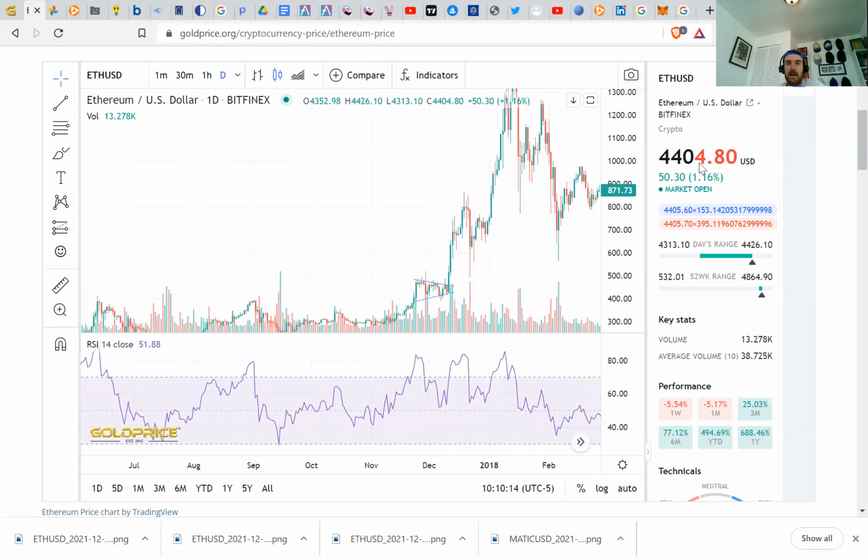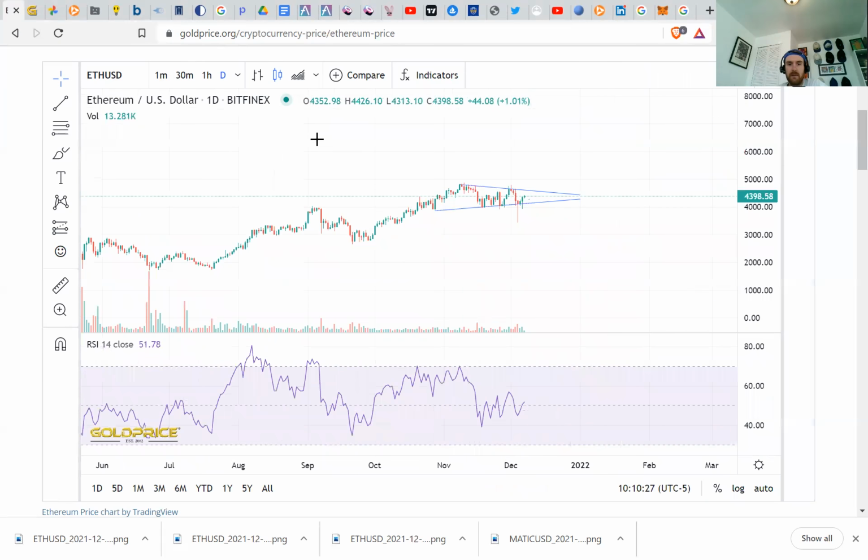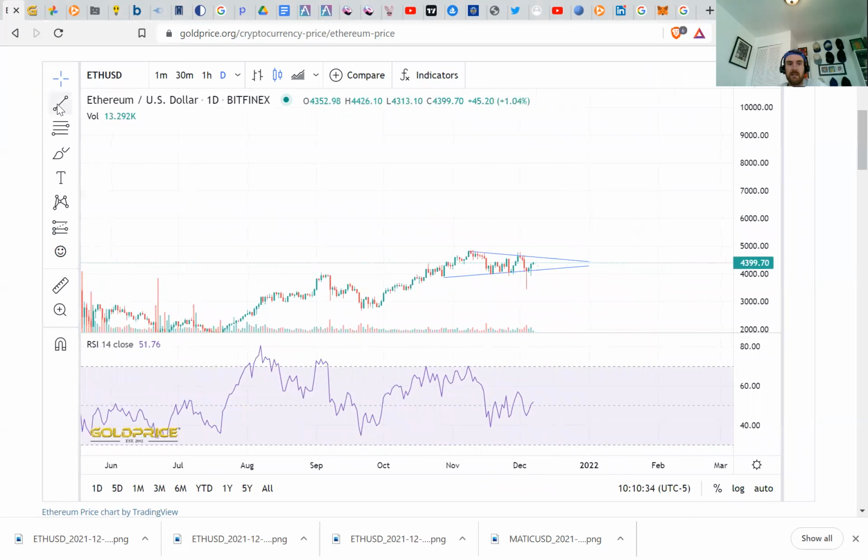And so what happened after that? We went all the way up to 1430, daily close around 1380. So in my opinion, we could see something similar with Ethereum coming up over the next few months. I wouldn't be surprised if we did this.